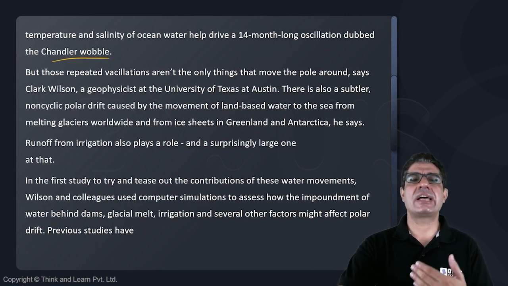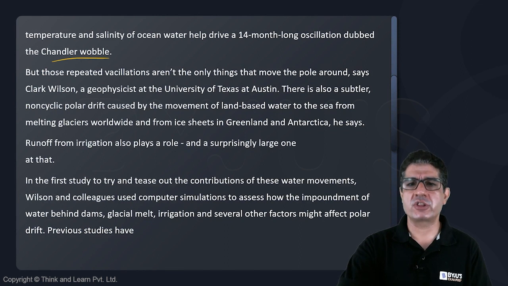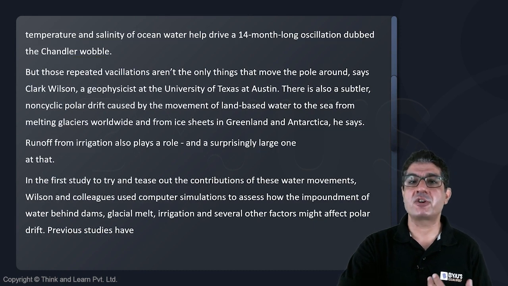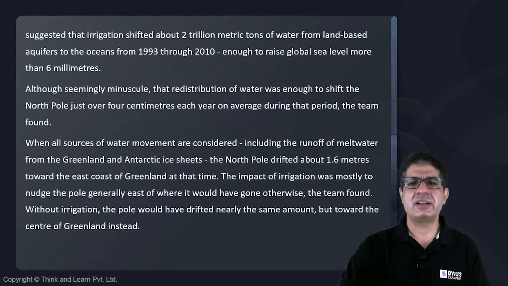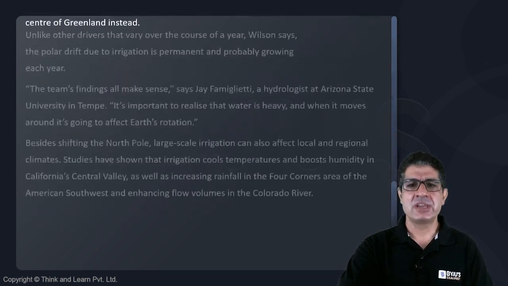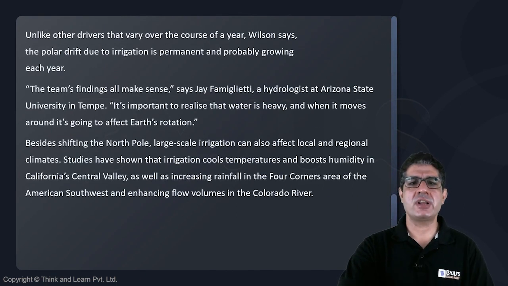And then it tells us that the Chandler wobble is not the only thing. There are other things involved, and then the next paragraph starts focusing on the effect of irrigation. Thereafter it continues, and it also talks about some additional effects of that irrigation. So that's basically your passage.